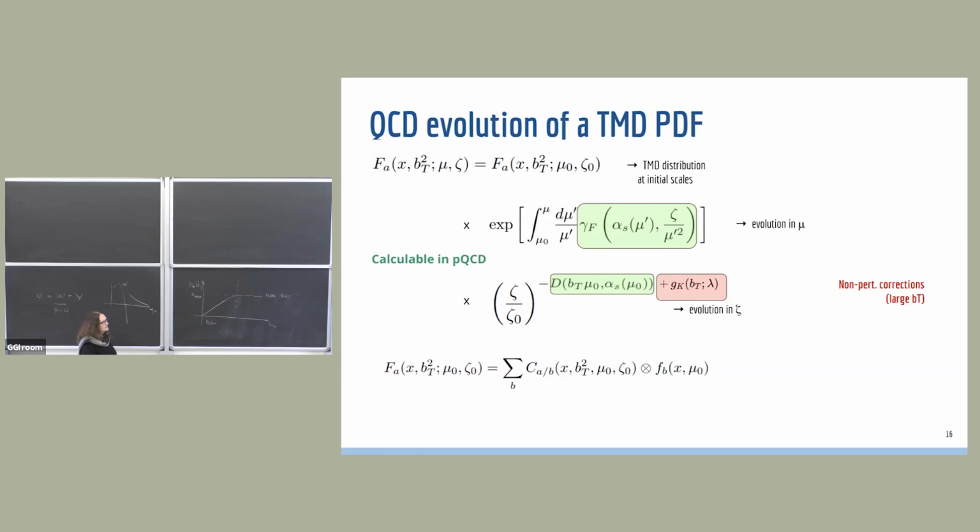This g_K function comes straight from the evolution equation, and it only depends on bT. So it doesn't depend, for example, on flavor. It doesn't depend on the momentum fraction. It only depends on bT, and it's universal. And this is the non-perturbative part of the function which you have separated out with the b star prescription.